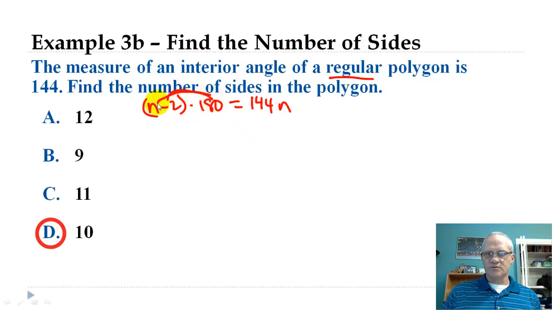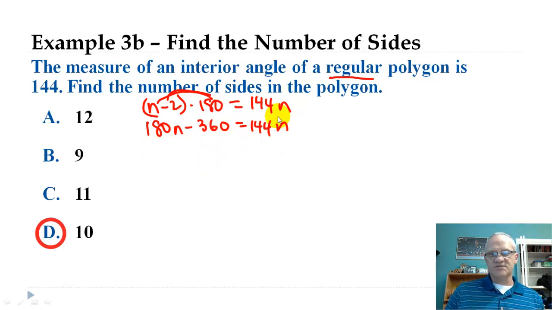Distribute the 180, so 180n minus 360. By the way, if you haven't figured this out, we've done this twice when we distributed the 180. What do we get? 180n minus 360 every time. And again, if you want to subtract the 144n to move it over here and then add 360 so you don't have to deal with the negatives, that's fine.